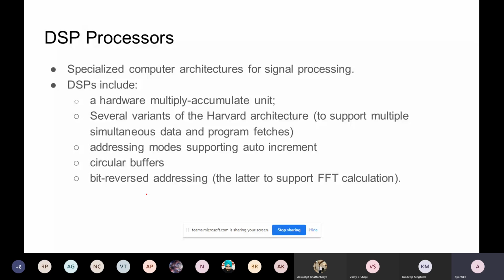These are a few characteristics of a DSP processor: a hardware multiply accumulator unit, several variants, and three important things are circular buffers, auto increment in the addressing mode, and a special type of bit reverse addressing. So we will just mention a few things about these.